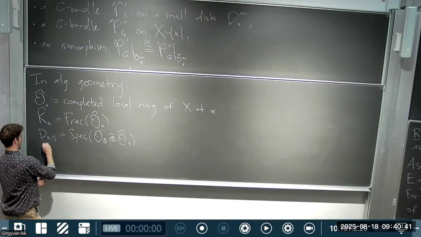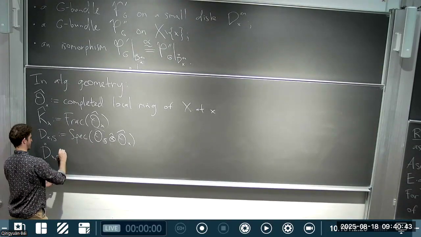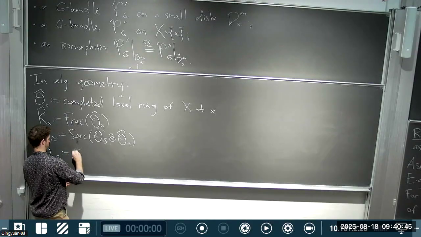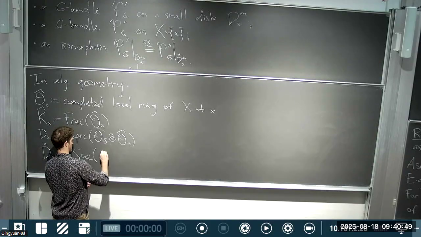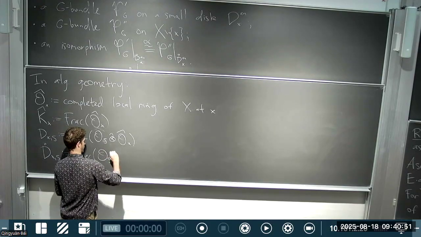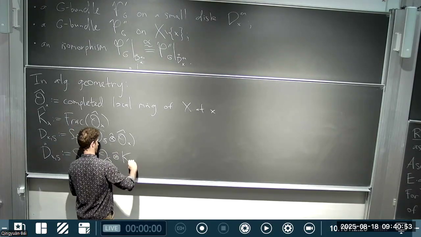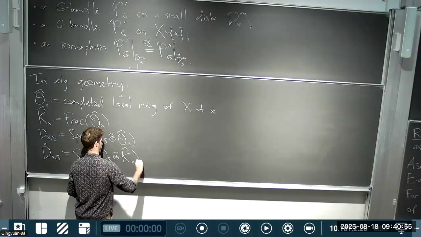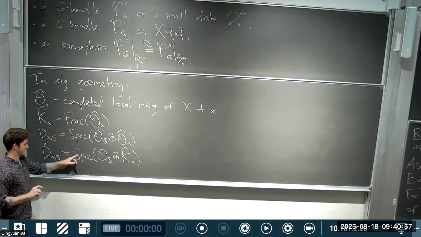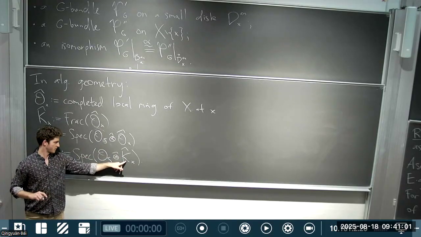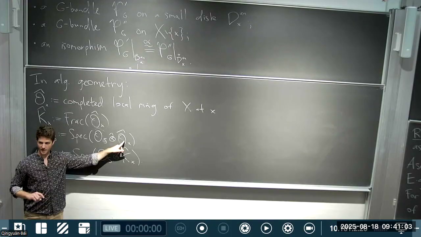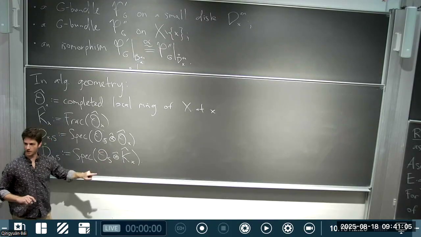And likewise for the punctured disk, I do the same for the Laurent series ring. This ring is the same as the previous ring, except I invert the generator for the maximal ideal inside of here.